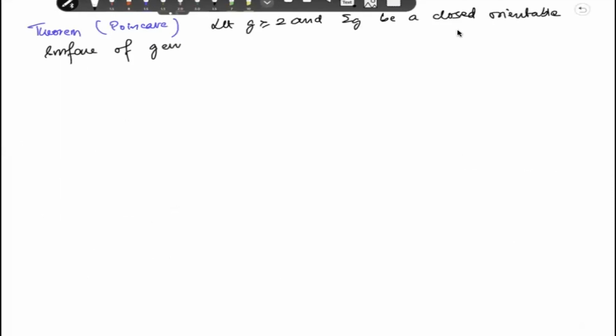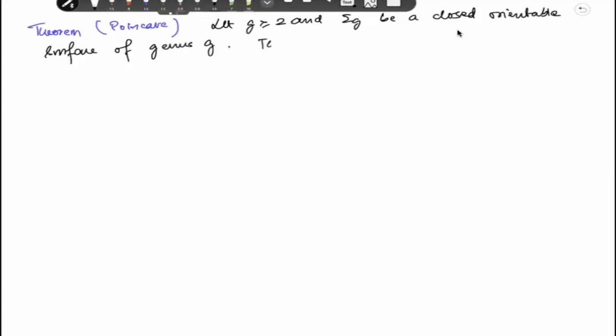Let g be greater than or equal to 2 and sigma g be a closed orientable surface of genus g.